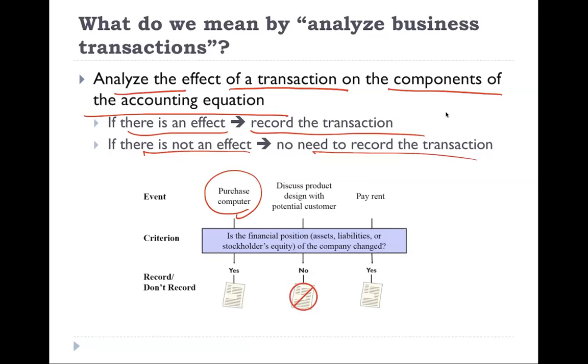So this business event actually has a dual effect on assets. It increases the firm's fixed assets, which is computers, and it decreases the firm's cash. But all in all, it does affect the accounting equation, which means that we do need to record it.